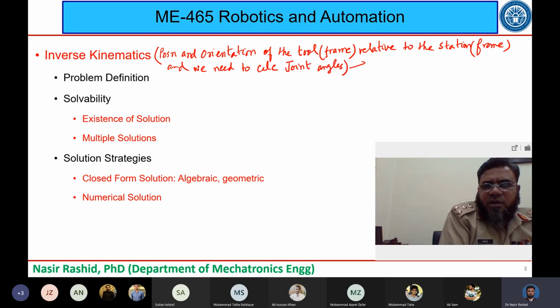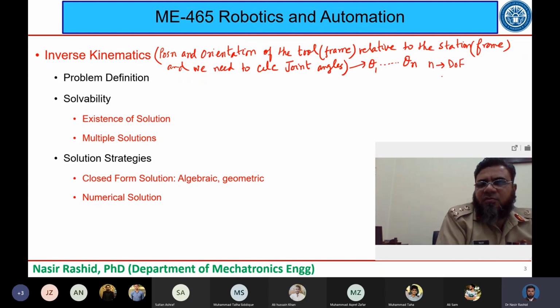And what are these joint angles? These joint angles are varying from theta 1 to theta n, and n will define the degrees of freedom of a robotic manipulator.